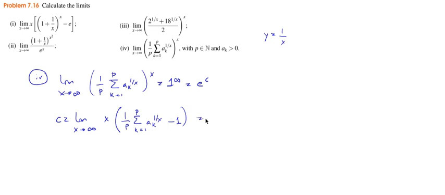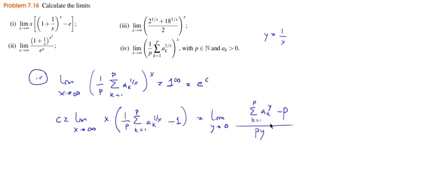We change the variable again, so we have the limit when y goes to 0 of 1 over p, the sum from k equals 1 to p of (a sub k to the y minus 1) divided by y. Okay, and we can take the p here and p here.